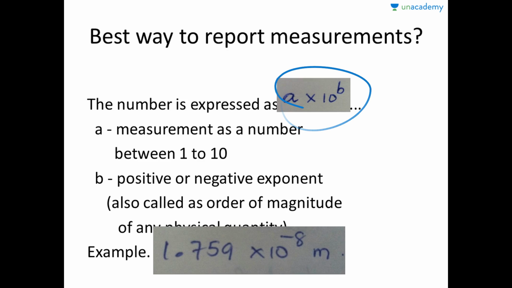That is, any measurement that you get, you can express it as a number a, which is a number between 1 to 10, into 10 raised to a power b, where b could be a positive or negative exponent, and this is also called the order of magnitude of any physical quantity. Example is this. Here minus 8 is the exponent or the order of magnitude.